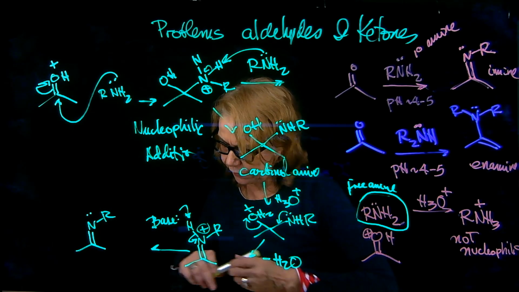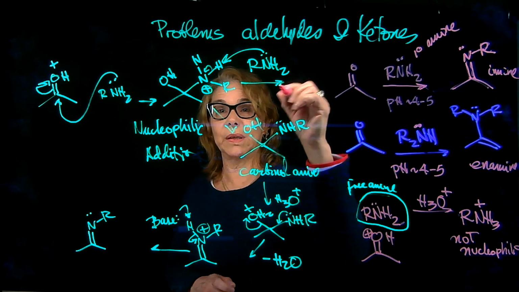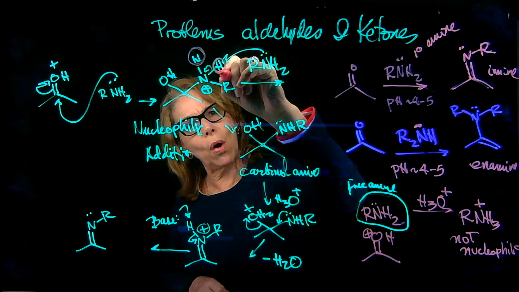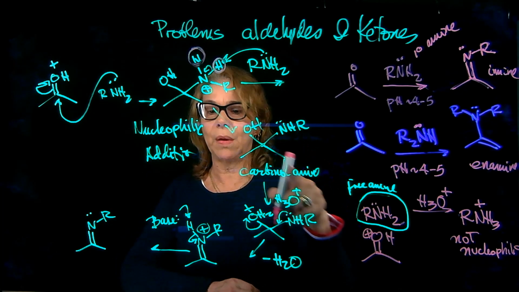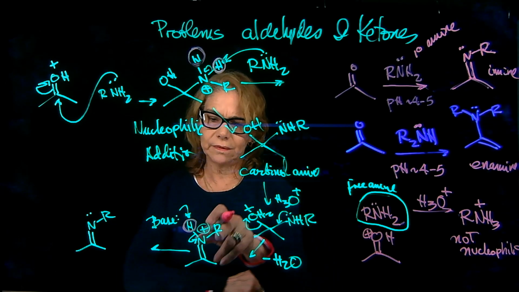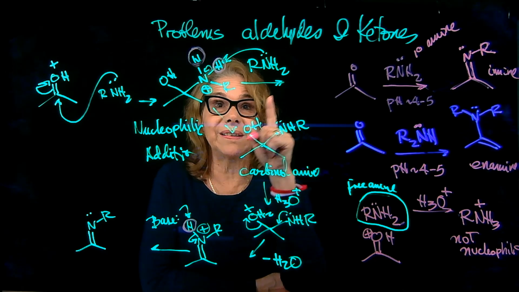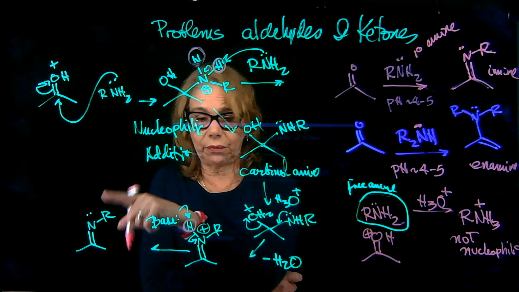What we need to see here is that we can form imines with a primary amine, because here I had two H's. One was removed in the first step to give me the carbinolamine, but I already had another. And in the final step, this is the protonated imine, I've removed the second. So we need these two: here I have two, and now I have only one, and I remove it.